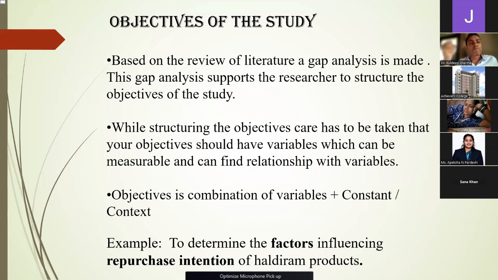And therefore, we say there are two types of research: one, taking into consideration a homogeneous population, or second, taking into consideration a heterogeneous population. And accordingly, we have different sampling techniques.